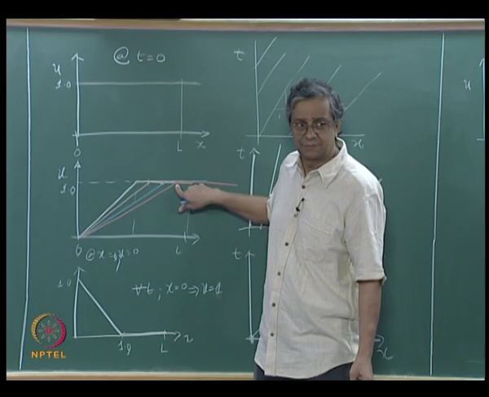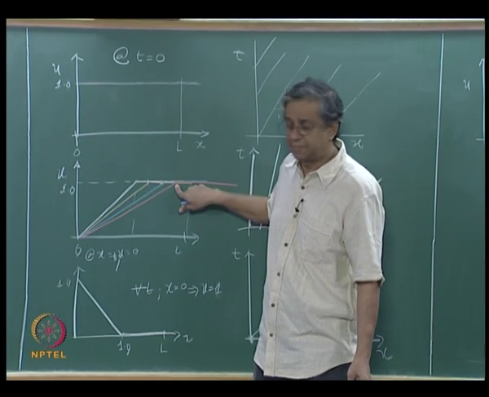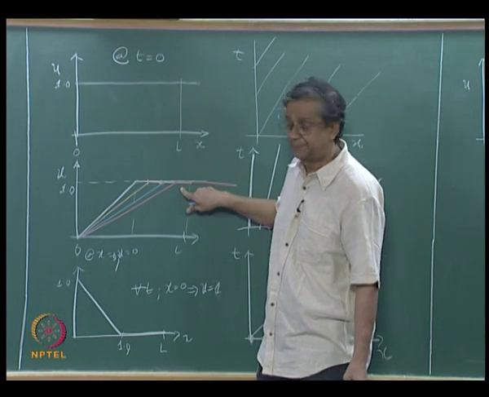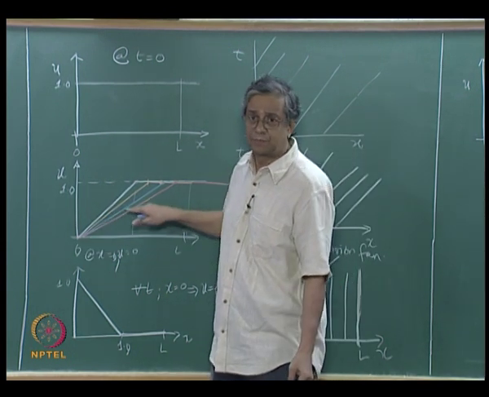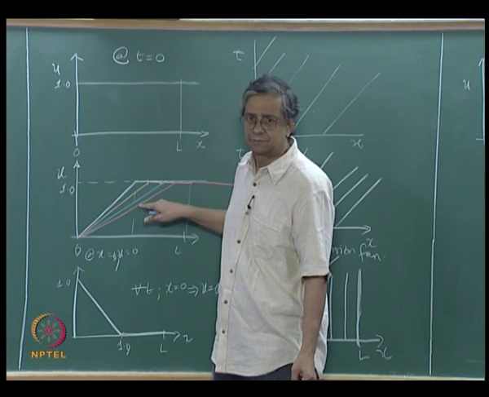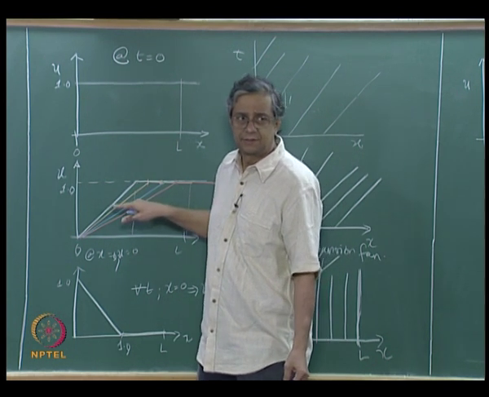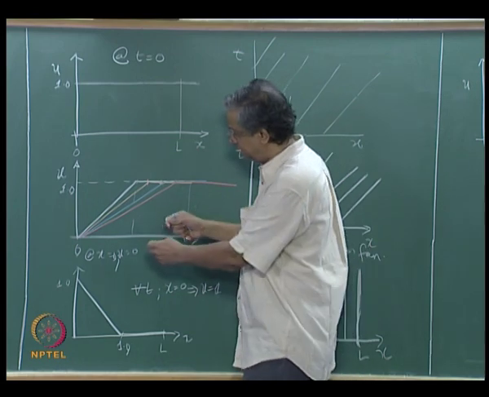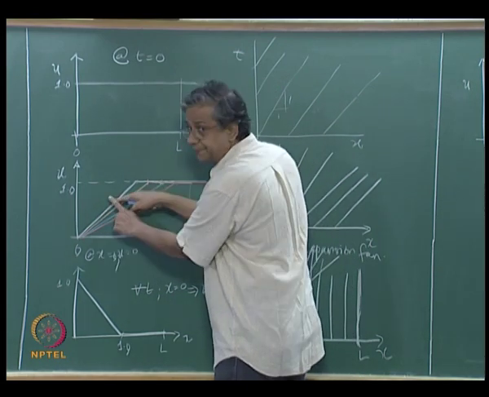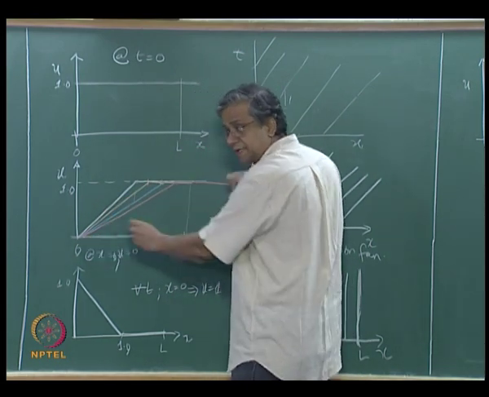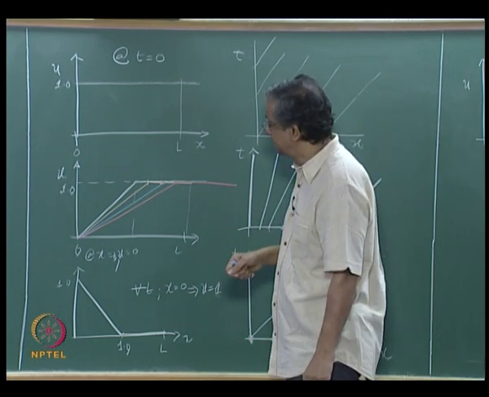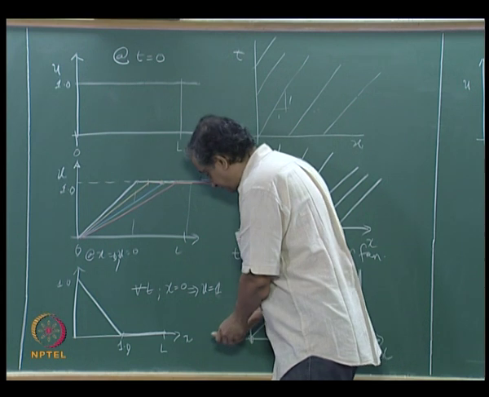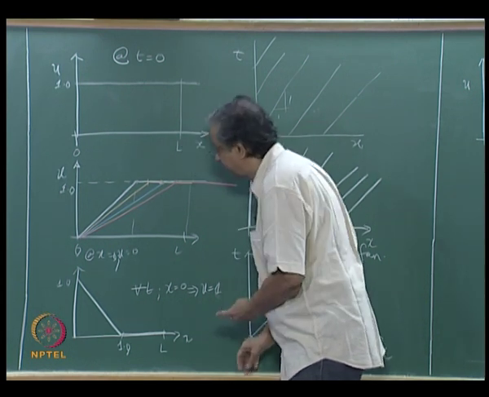They are equal intervals, so it will propagate equal distances here. On this end it does not propagate at all, in between it propagates at a proportional speed, okay, is that fine? And indeed this line is getting stretched, is that okay? So this is at different time intervals.